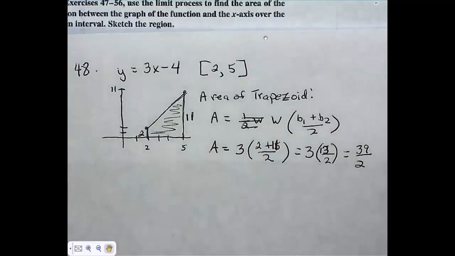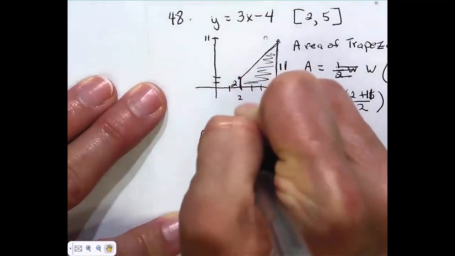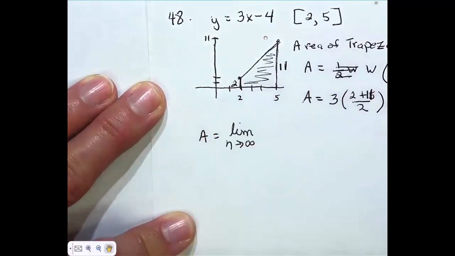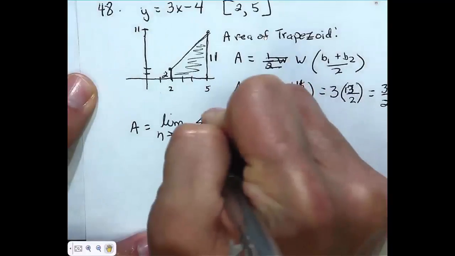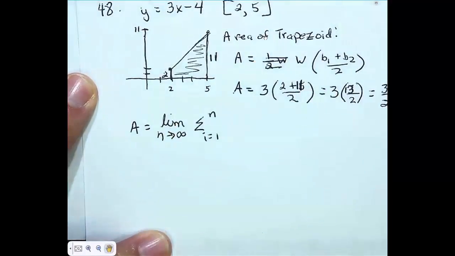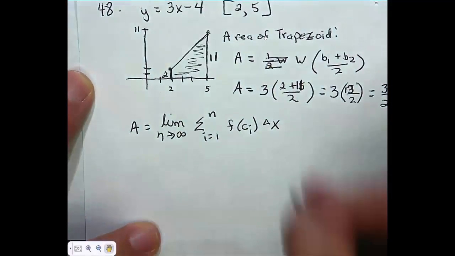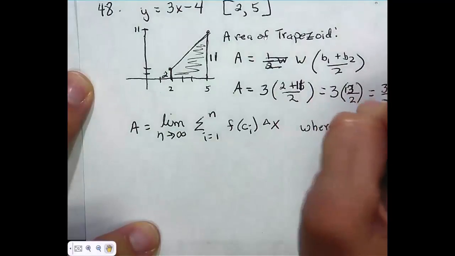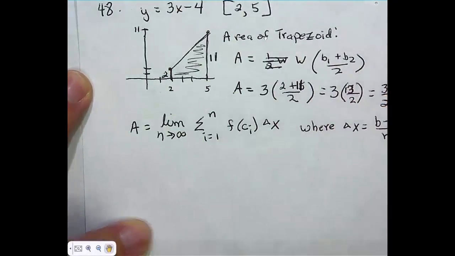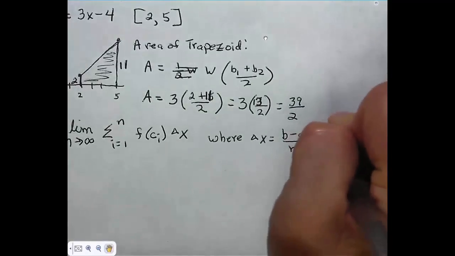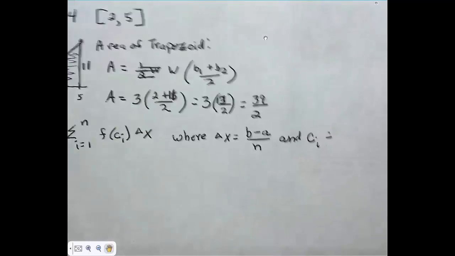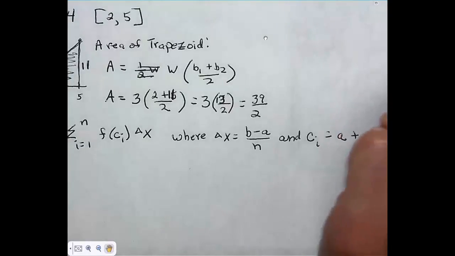So the definition: that area formula is the limit as n goes to infinity of the sum of infinitely many rectangles, height times width, where the width is b minus a divided by the number of rectangles, and c sub i is the left endpoint plus i times the width of each rectangle.